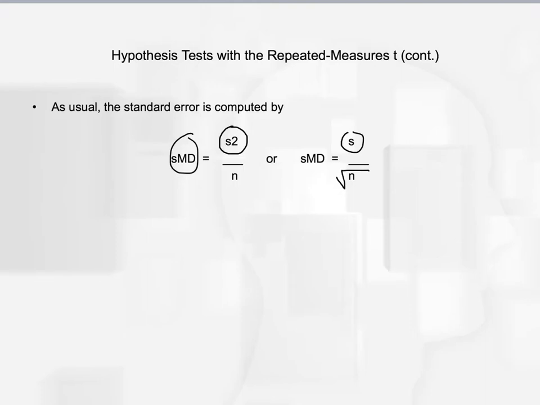There should be a square root here. So the standard error of the mean difference would be the standard deviation of the difference scores divided by the square root of the sample size.